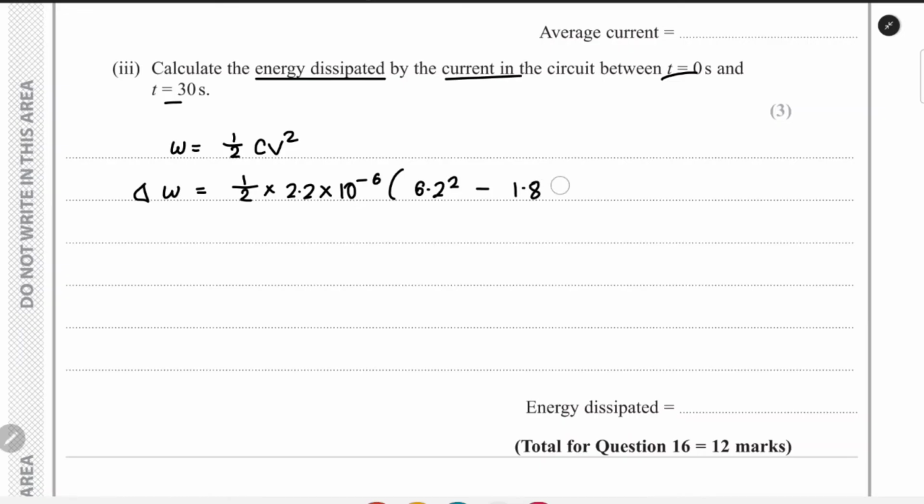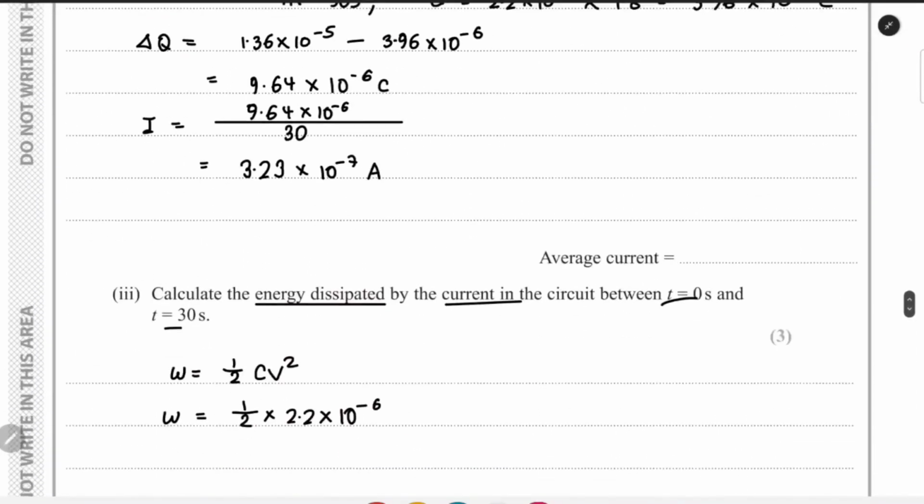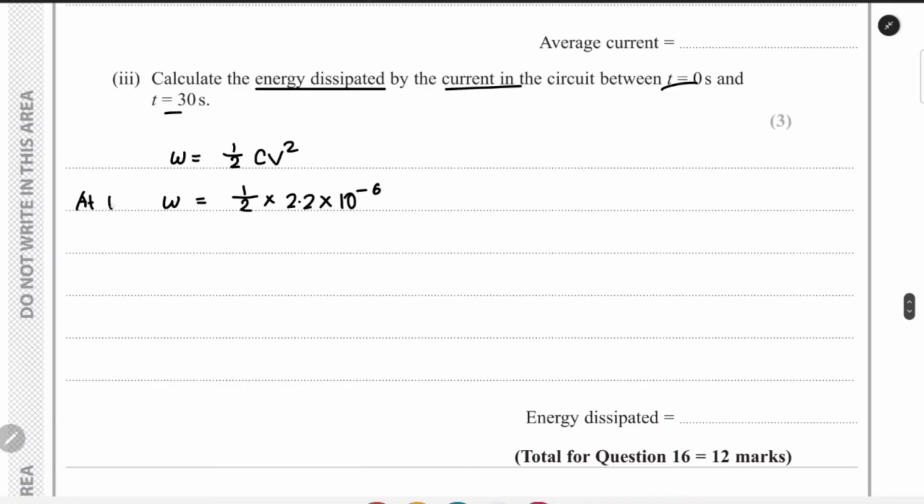We could do this like we did for this question. So at time equals 0, I'll find the energy at this point. This will be 6.2 squared, and then find it for t equals 30. I'll just change the value of the voltage.